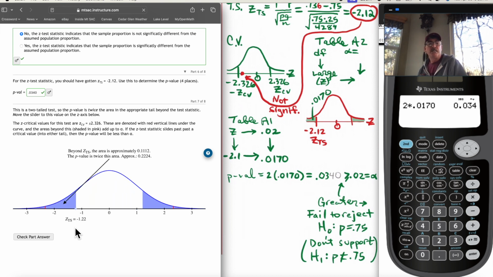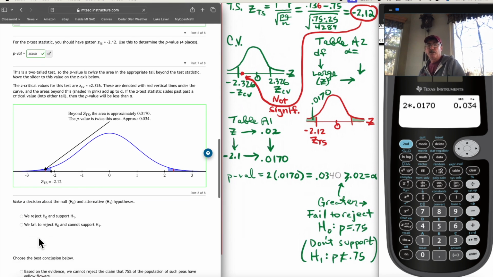And so we want to make it negative 2.12. So that's a ways down. And a little trouble here. There we go. 2.12 right there. And so the area beyond that test statistic's 0.0170, which is what we got, but it's doubled that area, 0.034, which is what we got here. And so everything seems to be working out just great.